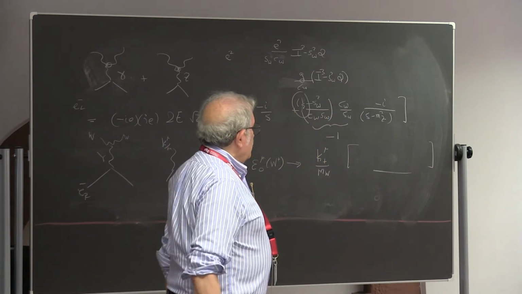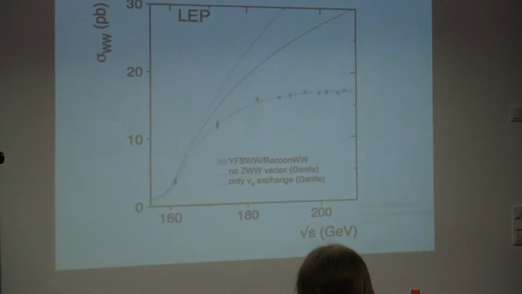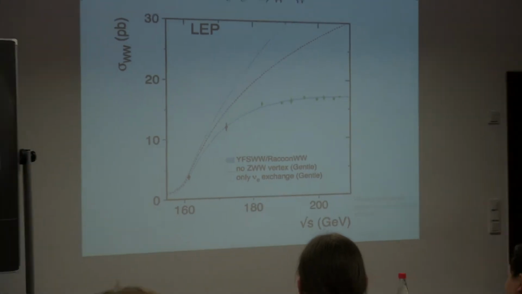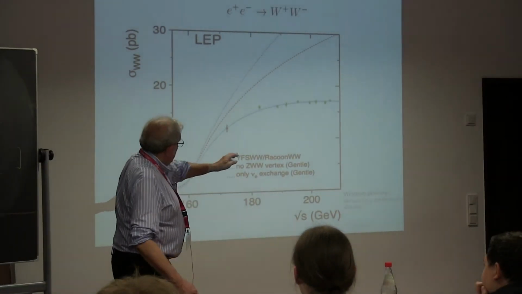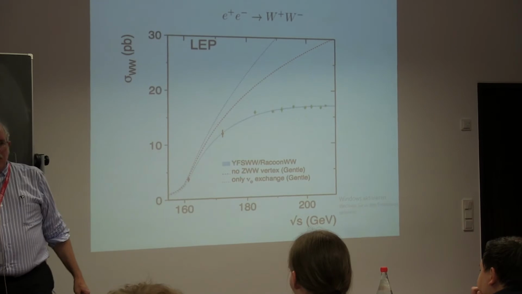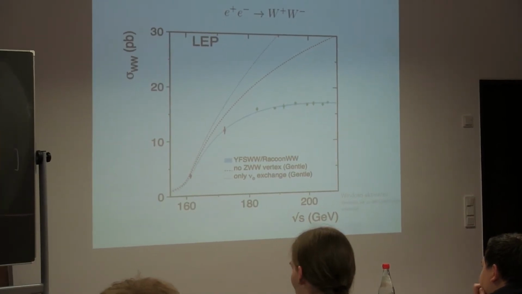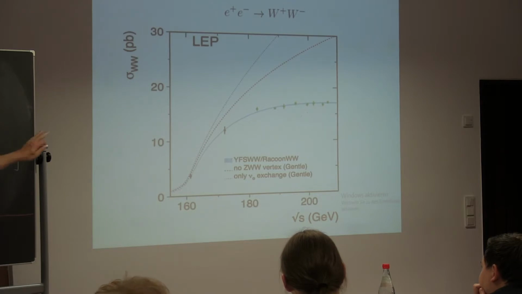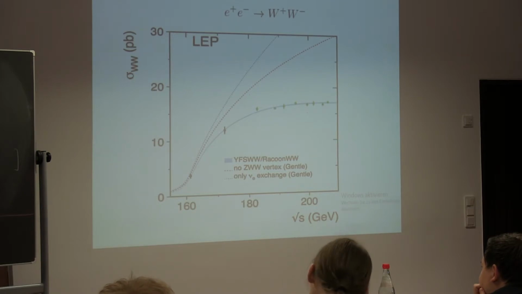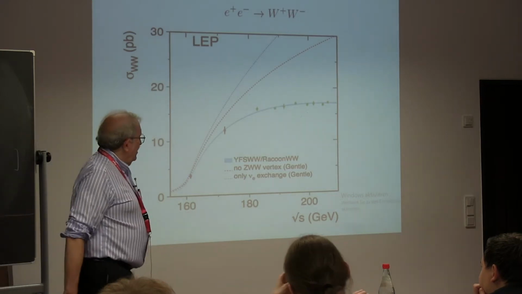So the data points are the average of the 4 LEP experiments for measurements between 160 and, as you see, 208 GeV. The blue curve is the result of the standard model calculation. There are a few percent one-loop radiative corrections, which are actually taken into account in that curve. It doesn't really change it quantitatively. The other two curves are obtained in the following way.